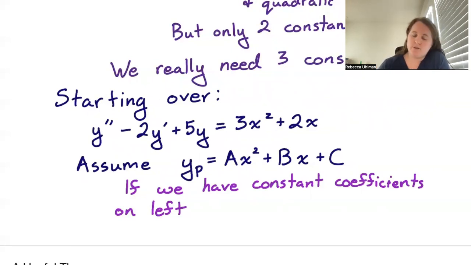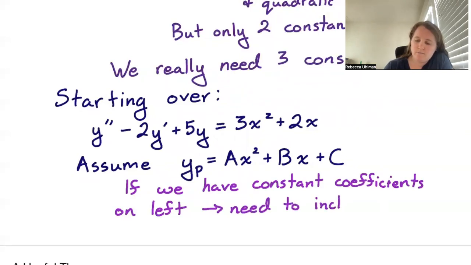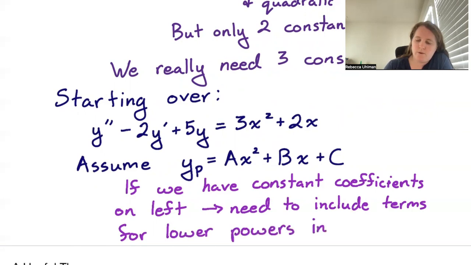So if we have constant coefficients on the left, then we need to include terms for the lower powers in yp. So now we're going to redo this and we'll have 3 constants to match the coefficients for our 3 terms.